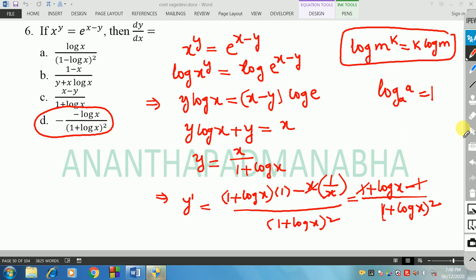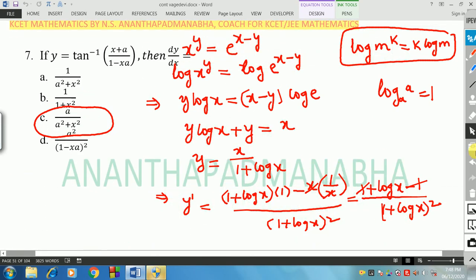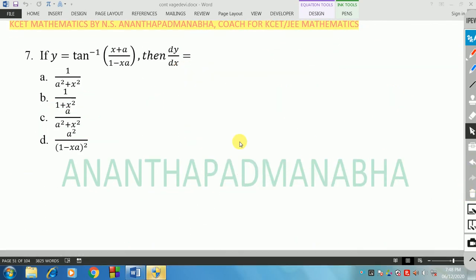So next let us proceed to the next question, that is question number 7. So let us read the question. If y is equal to tan inverse of (x plus a) by (1 minus xa), then dy by dx is: 1 by a square plus x square, 1 by 1 plus x square, a by a square plus x square, and a square by (1 minus xa) whole square.